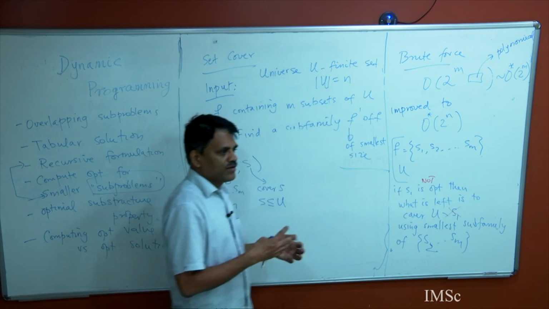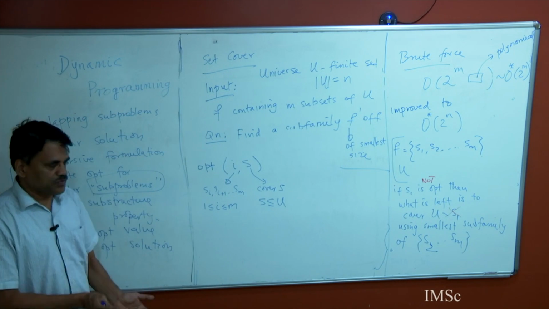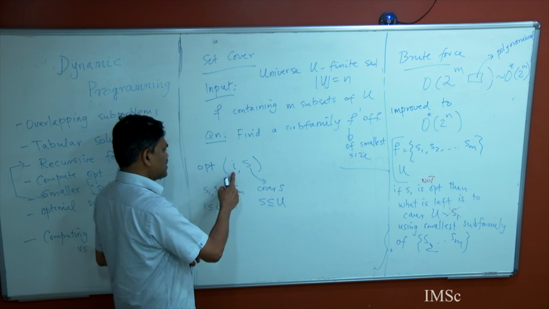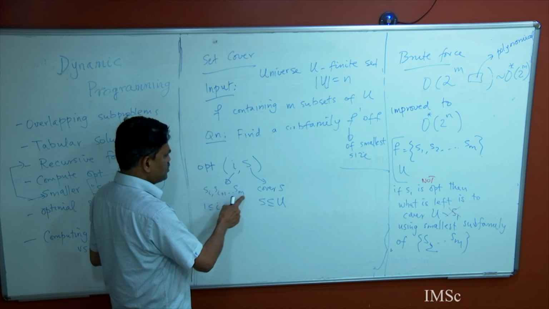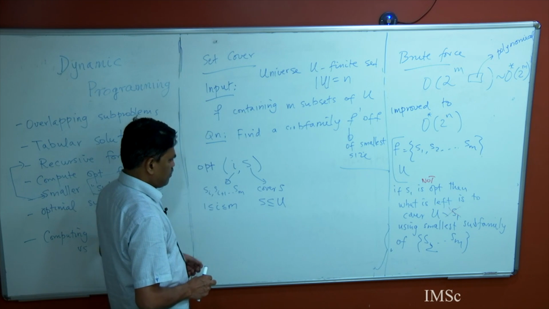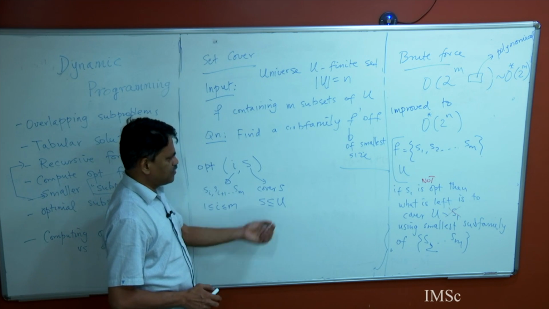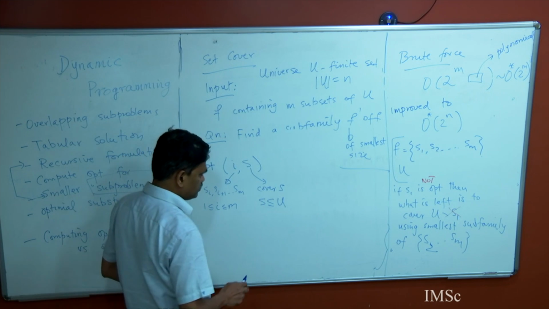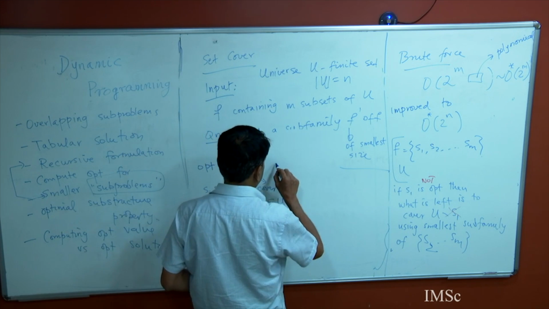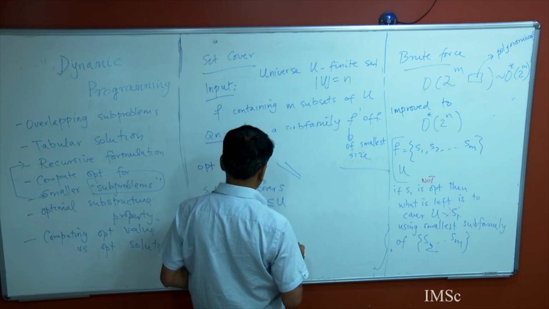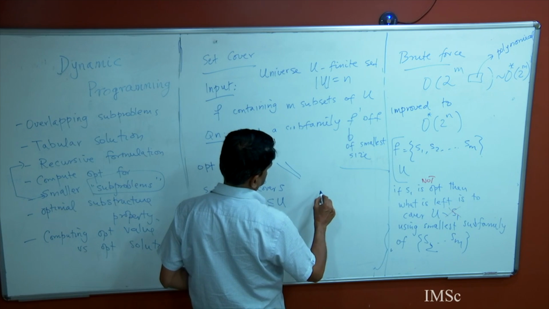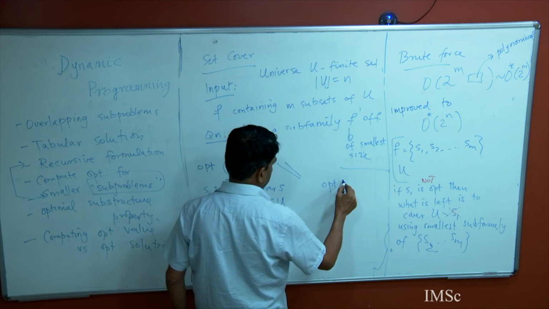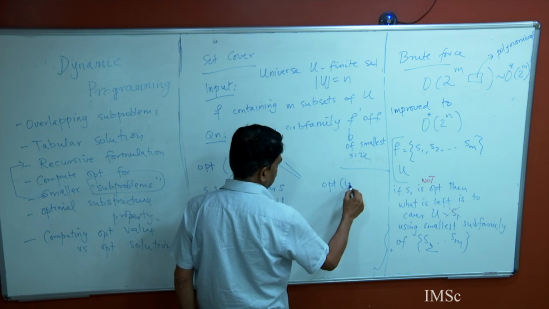So I'm going to try and compute this bottom up for all subsets of U. So S is a subset of U, and using sets Si to Sm. I varies from 1 to m, S is a subset of U, and this is equal to opt: either Si is in the solution or Si is not in the solution.